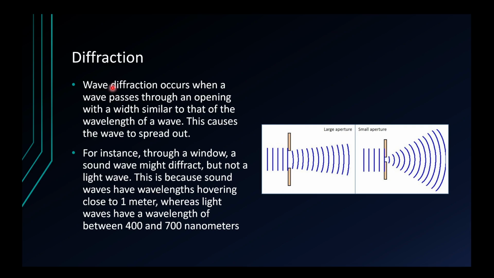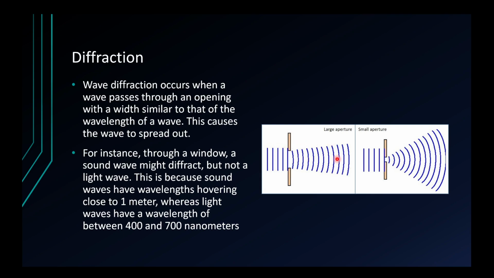So next up we have diffraction. Diffraction actually occurs when a wave passes through an opening that is similar to the wavelength of the wave. We can see here that the waves travel in straight lines, but when they hit a gap, they start to spread out. When the gap is roughly the same as the wavelength, we refer to that as a large aperture.